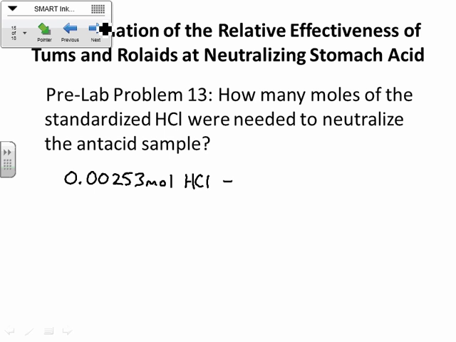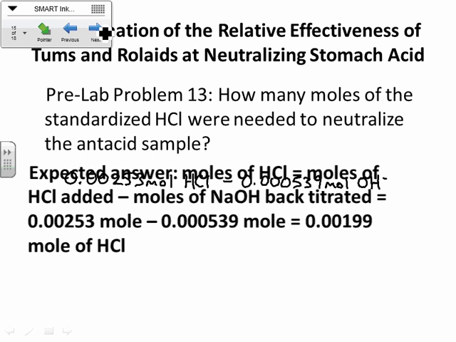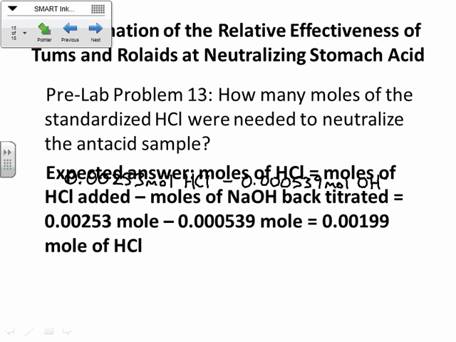And we subtract the 0.000539 moles of the OH minus that we added. Essentially, that's going to tell us how much of the HCl was needed in order to neutralize the antacid sample, okay? And I'm being lazy now. Rather than doing this, I'm just going to bring up the answer here, okay?